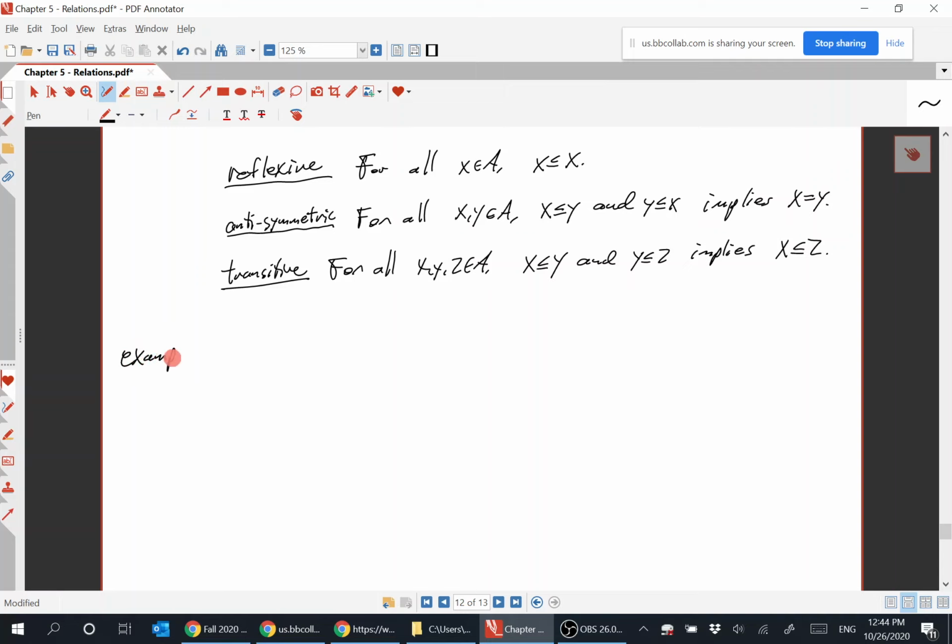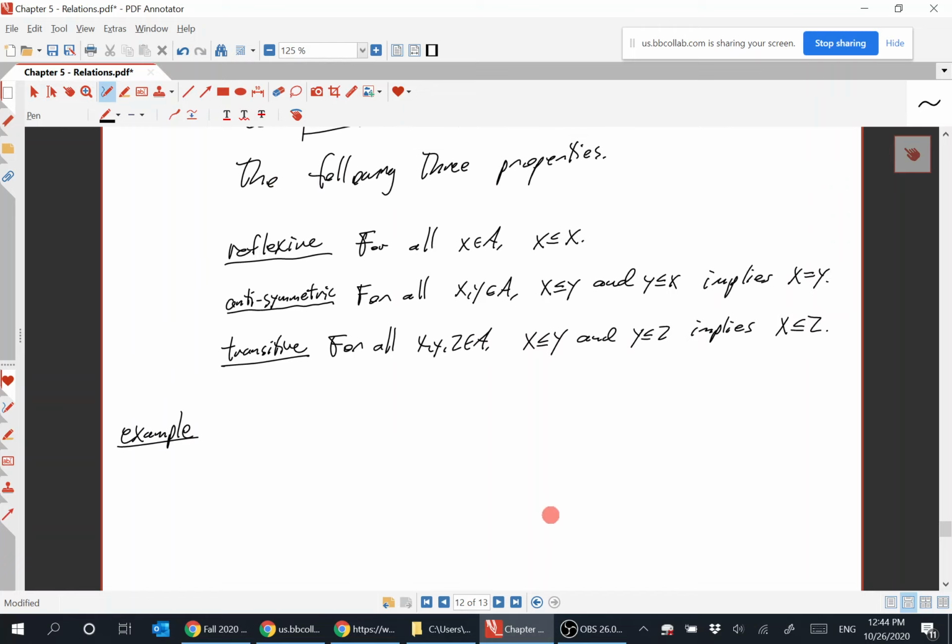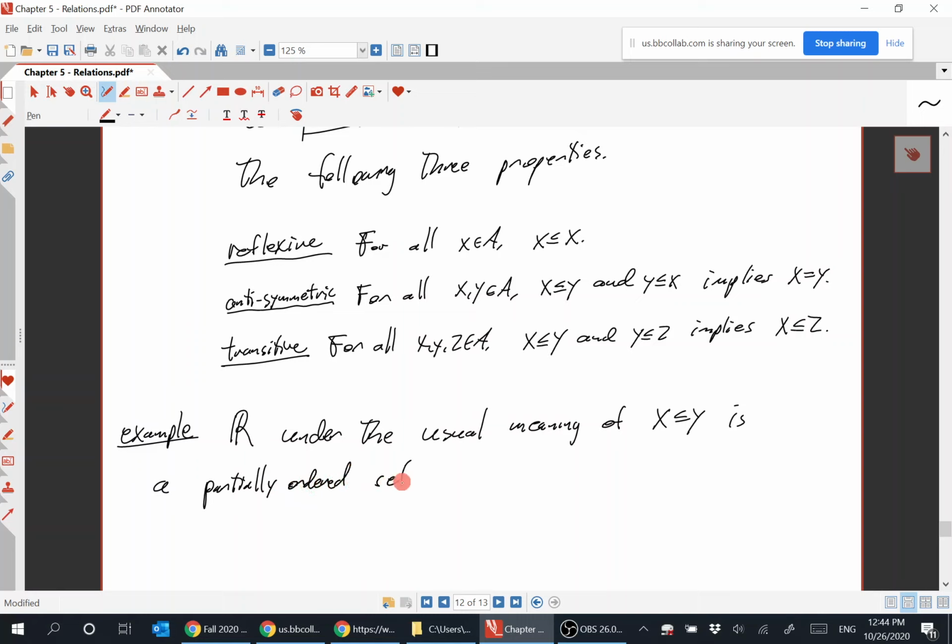So, for example, anyone care to give an example? All integers. Yeah, the set of all Z, but the entirety of the real numbers too. Under the usual meaning of x less than or equal to y is a partially ordered set.